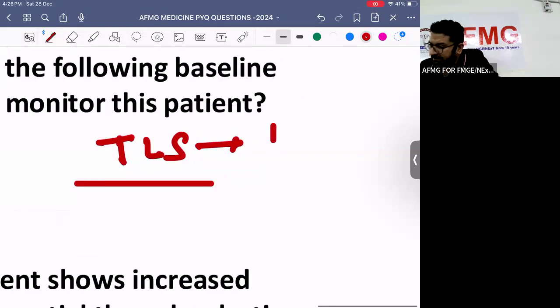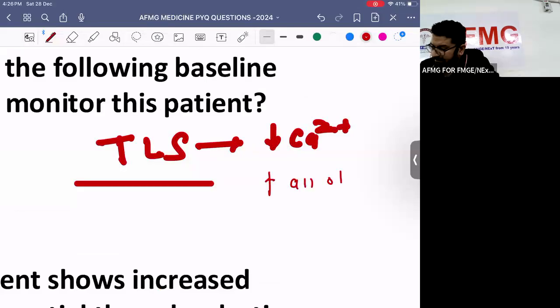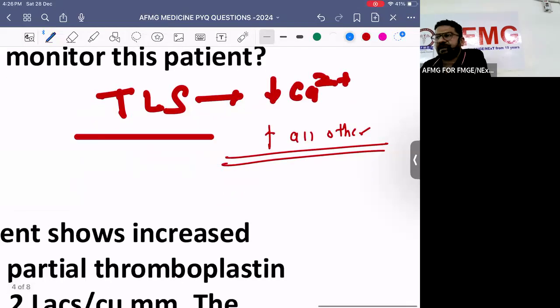And I told you, what will happen in electrolytes? Calcium will decrease and everything else will increase. What all in the rest? Increase in sodium, and calcium is decreased, right? Increase in phosphate. What else?